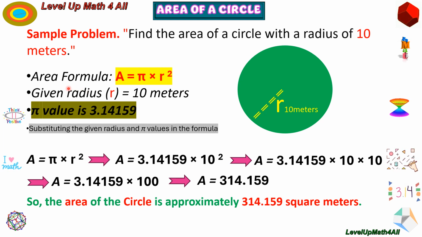In this scenario, the area formula for a circle is A equals pi r squared. The given radius r is 10 meters, and we know the pi value is 3.14159. Let's substitute these values. The formula is pi r squared, which is 3.14159 times 10 squared.